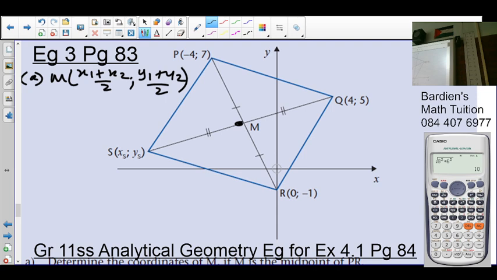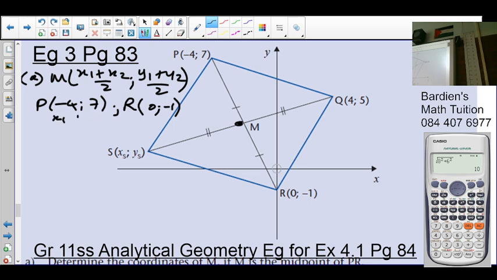If you're looking at this line here, I won't be able to work out the midpoint because my S is also unknown. Can you see the coordinates of this? It's also unknown. So you must use P, which is (-4, 7), and Q, which is, my mistake, R, which is (0, -1).